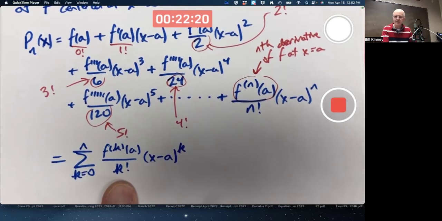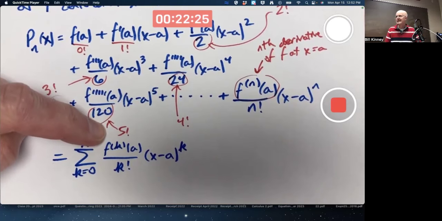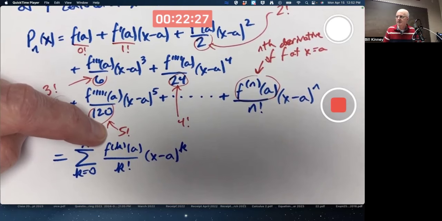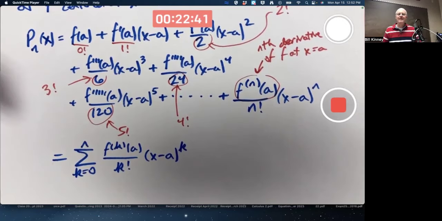You're not dividing by 0. Also, the 0th derivative of a function is the function itself. Why? Because we say so. Convention, definition, it makes formulas work out nice. This is the nth degree Taylor polynomial.